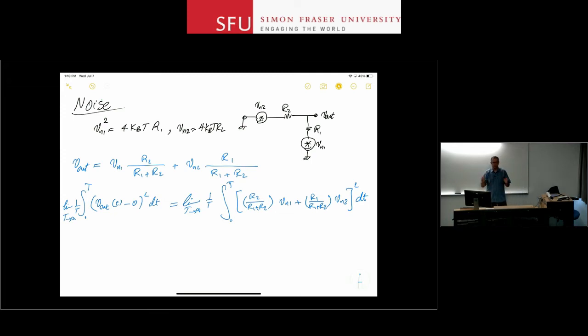So now I can go and expand that. So this is equal to the integral from t to infinity of 1 over t d squared of that expression squared.